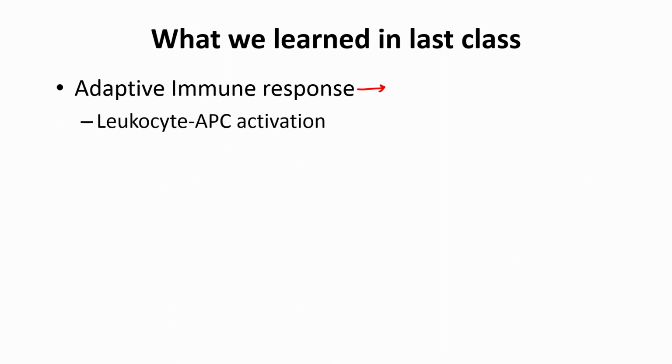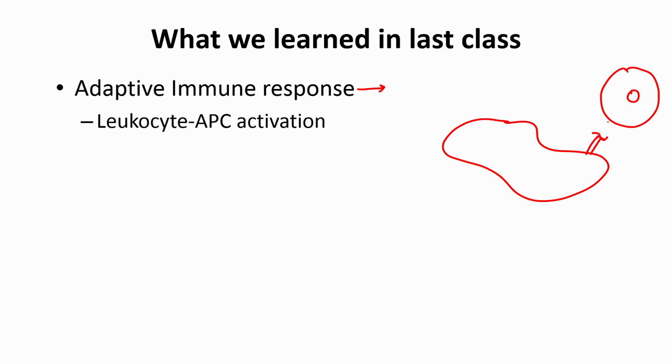And then we learned how these APCs activate the leukocytes. So, you will have, let us say, an antigen presenting cell. It will have receptors through which it will present small fragments of peptides which are derived from a bacterial or a viral source, or whatever pathogen source it might be. And then you have leukocytes which also have receptors with several different mutations.